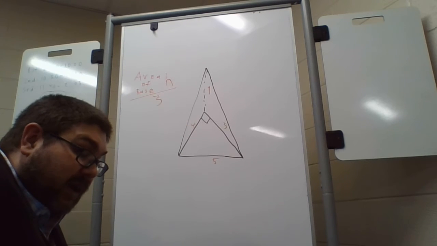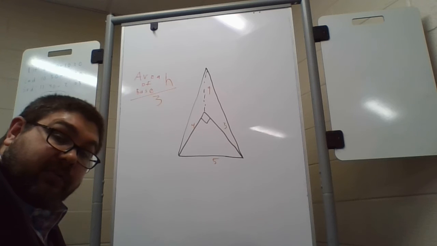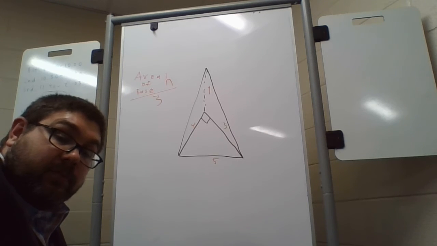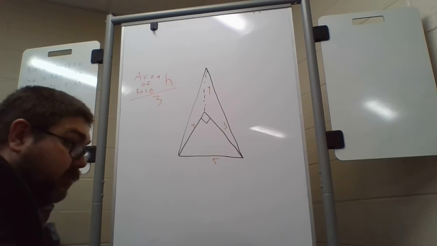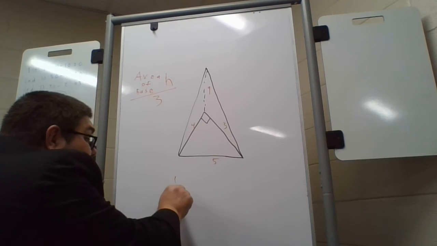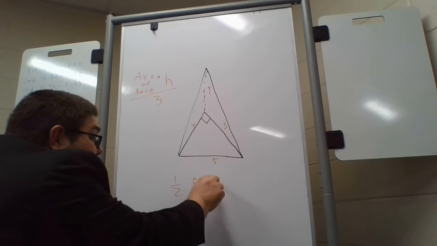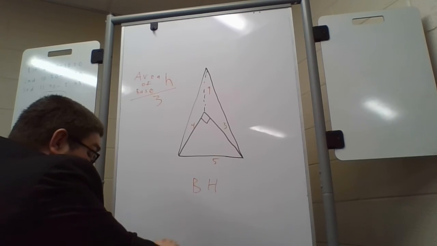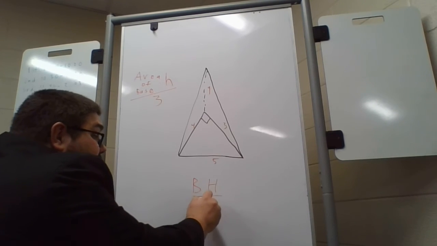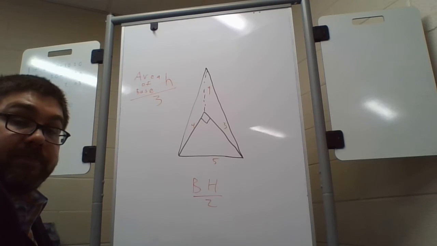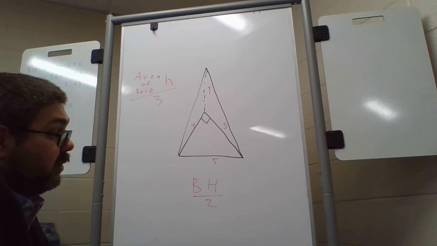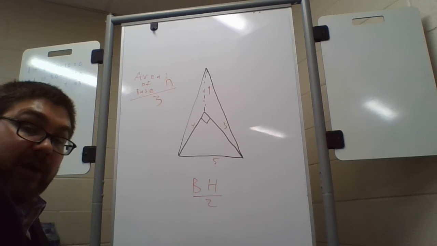Now, when we're finding the area of a triangle, what we're going to find is this. We're finding 1/2 base times height, which can also be written as base times height divided by 2. Same thing. Keep that in mind. It's base times height divided by 2.